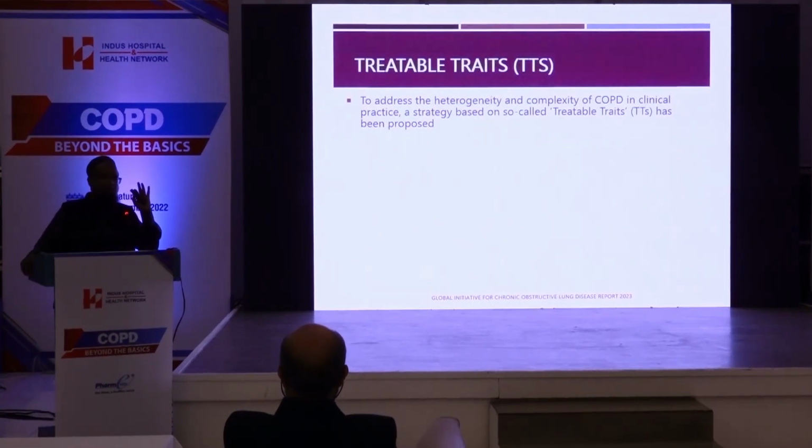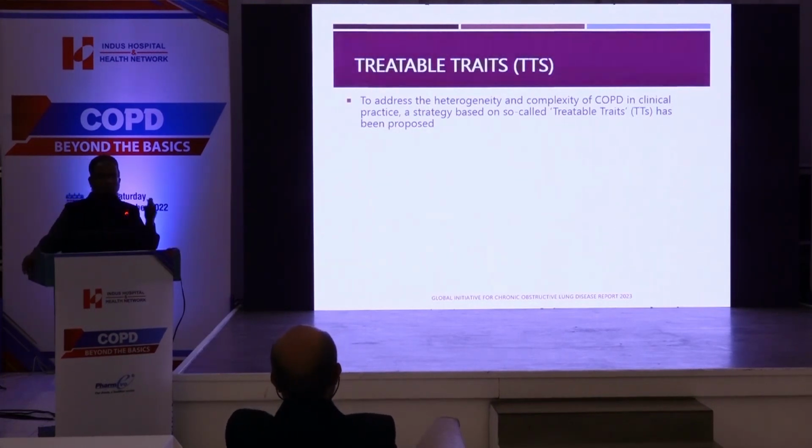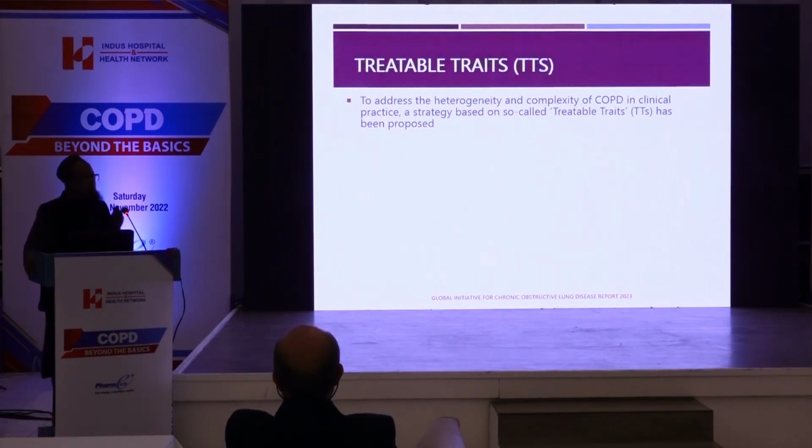And because of this, as I told you earlier, different types and different phenotypes have been described, so now they define a terminology, the treatable traits. Just as treatable traits came into bronchiectasis and asthma, now for the first time they introduce treatable traits in COPD. Every patient has a heterogeneous disease and every patient behaves differently.